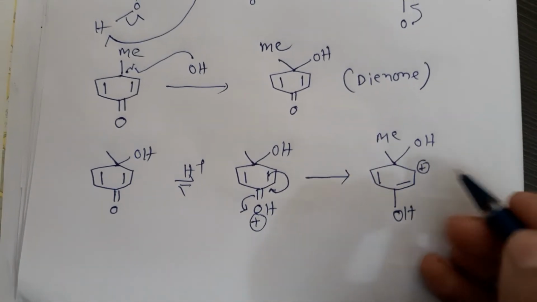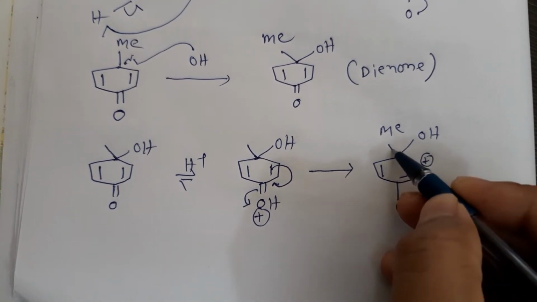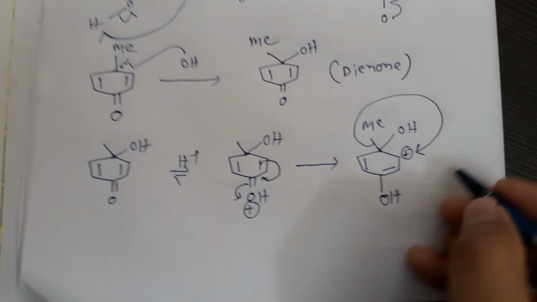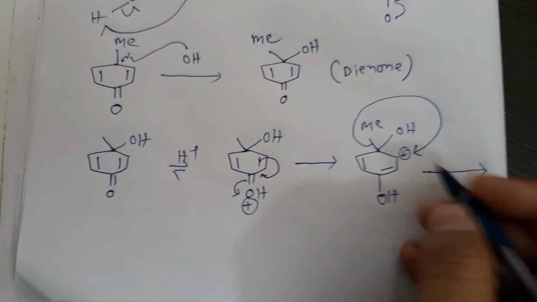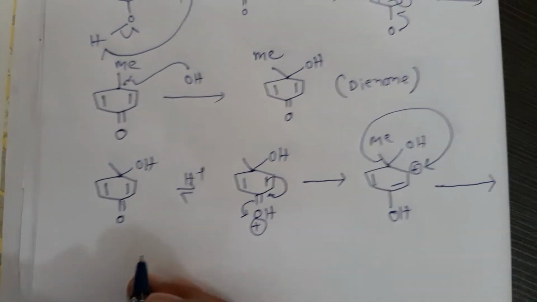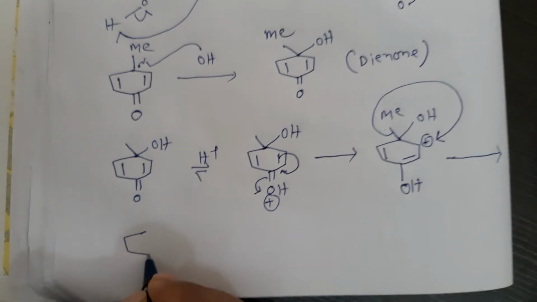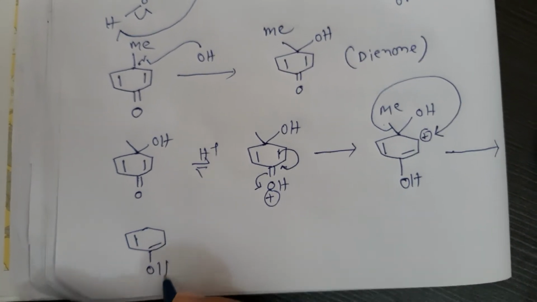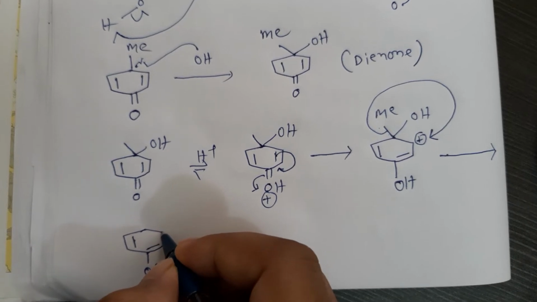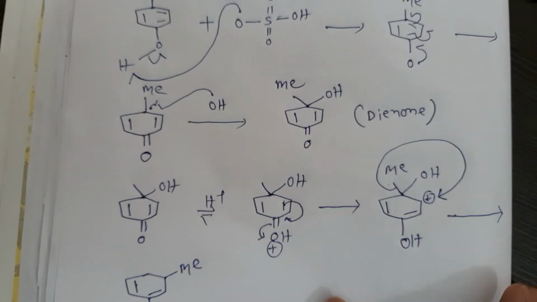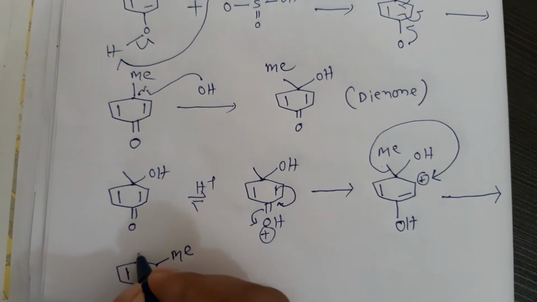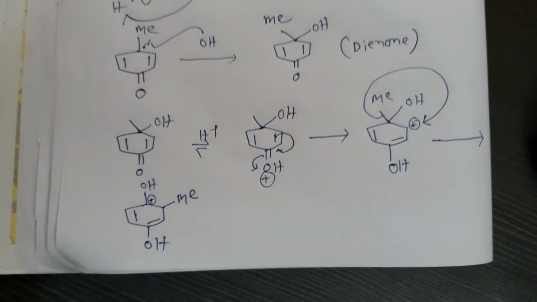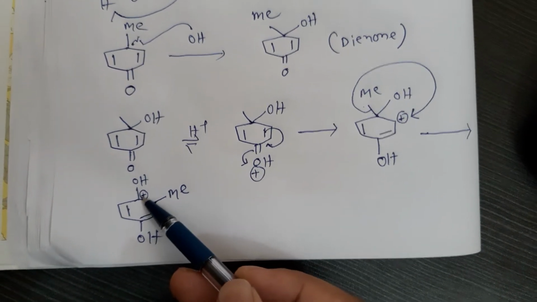Now this methyl group will migrate to that carbocation. So this is OH, and this is methyl, here OH, and here this carbocation.